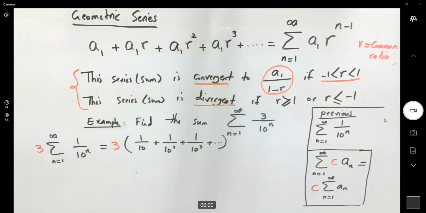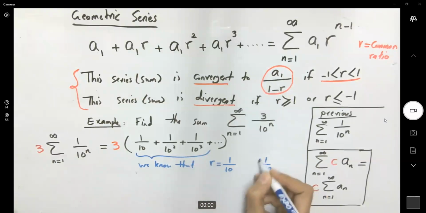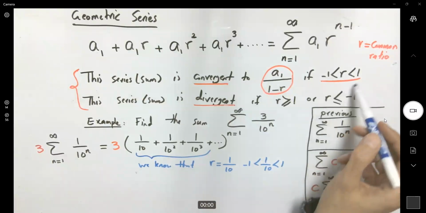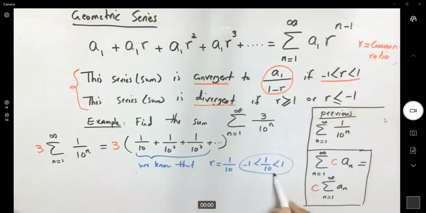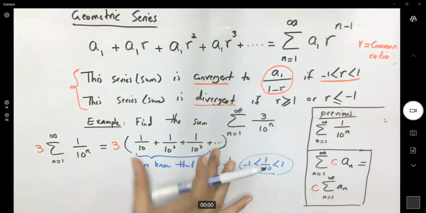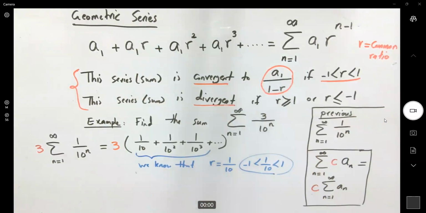For this part, we know that R is 1/10, and the 1/10 is between 1 and -1. I already know that the common ratio is bounded between 1 and -1. What's the meaning of that? It means that this series is convergent to this number here, a1 over 1 minus r.